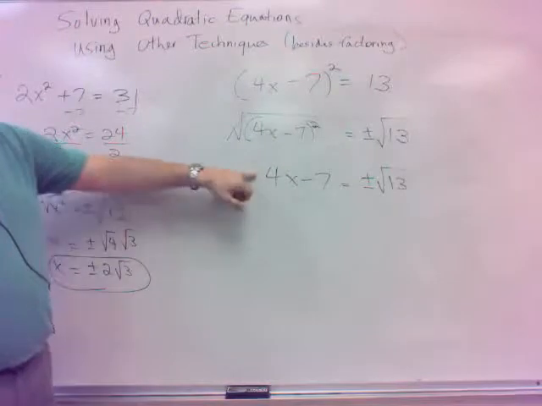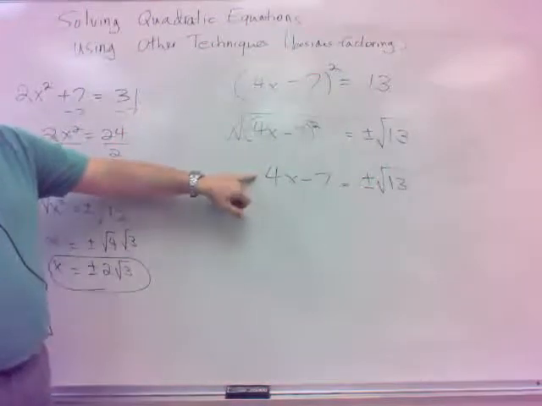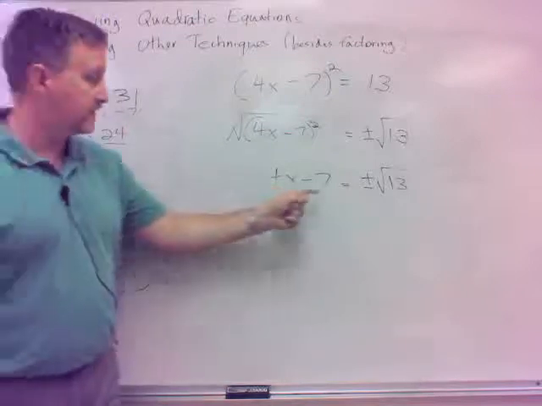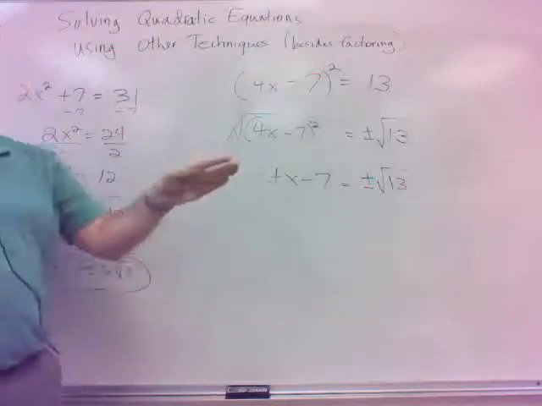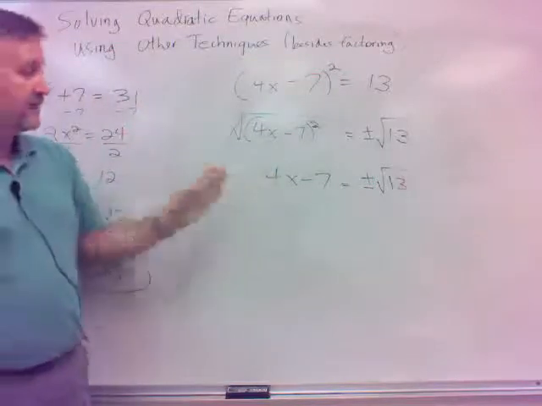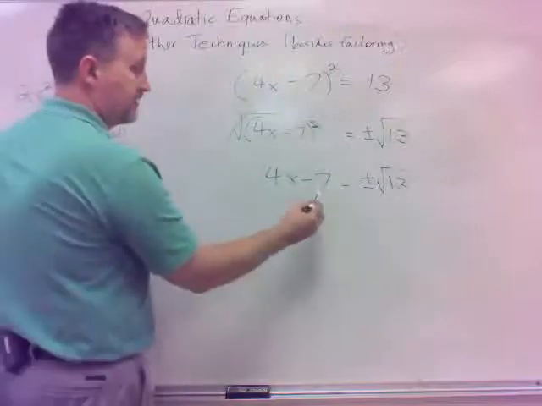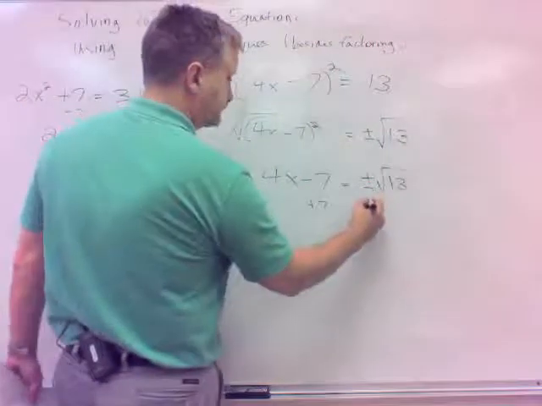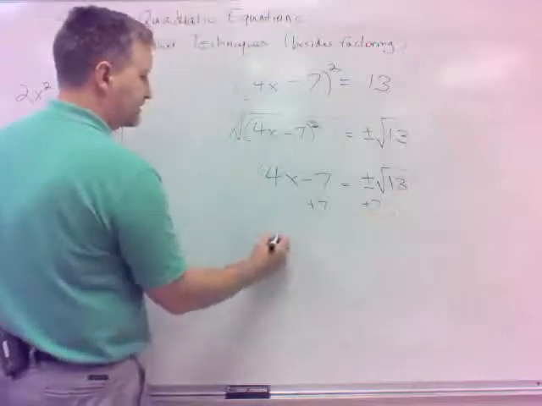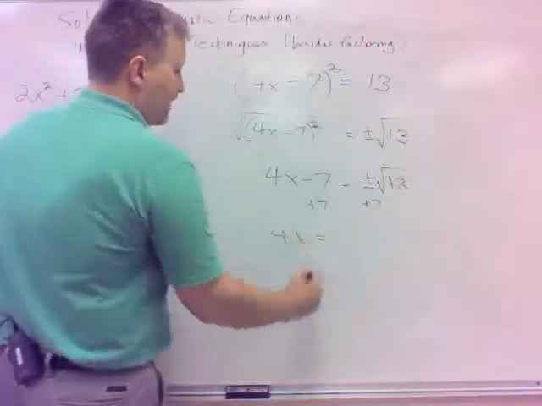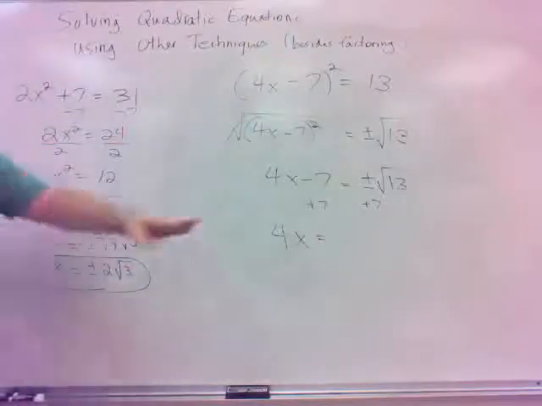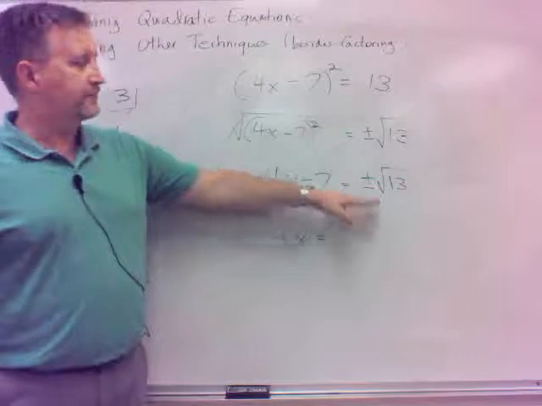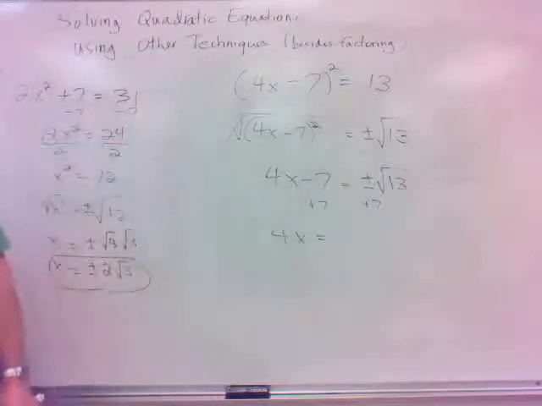Now, there's a little more here to do. What would I do to go ahead and finish this out? I'll need to move the 7 and the 4 over, so how would I move the 7 and the 4 over? Well, to move the 7, I would add it, right? Add 7 to both sides. Let's talk about that. Add 7 to both sides. Anything combine on that right side?